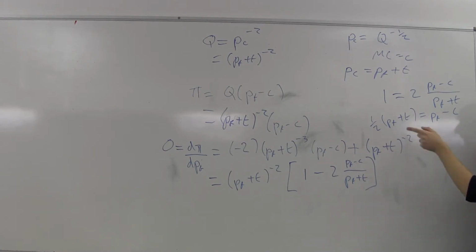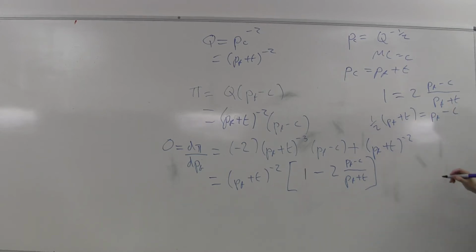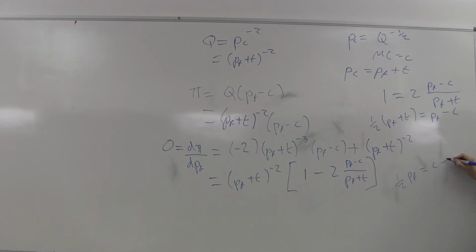Let's subtract half pf from both sides and add the c over. Sorry, it's a bit of a mess. Half pf is going to equal c plus half t. Okay, so pf is equal to 2c plus t.